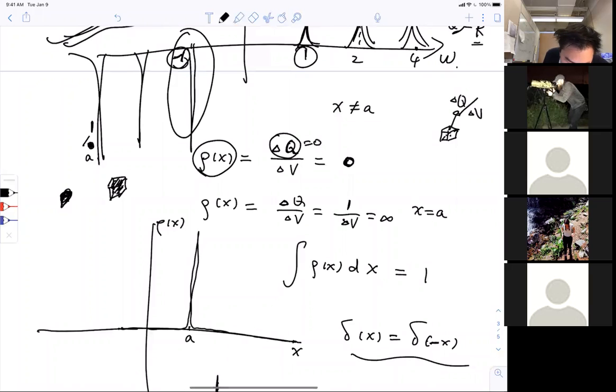But if you look at this point A, the total charge inside this box is 1 because it's a point charge. And that V is the volume. And you take the limit, and this delta V goes to 0, and then this density becomes infinite. And yeah, that's it.